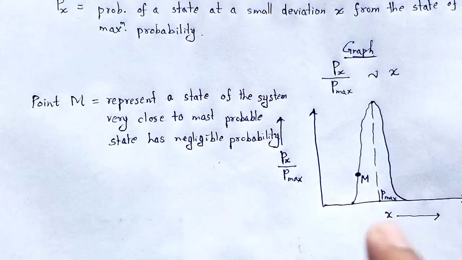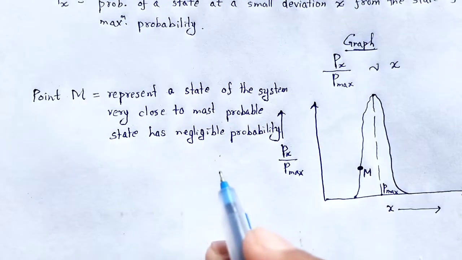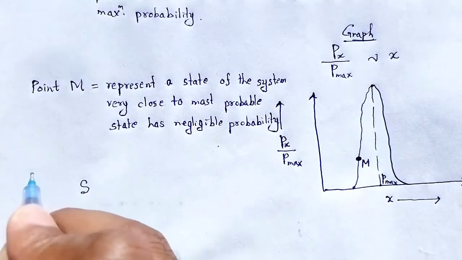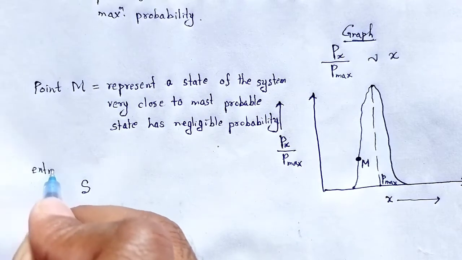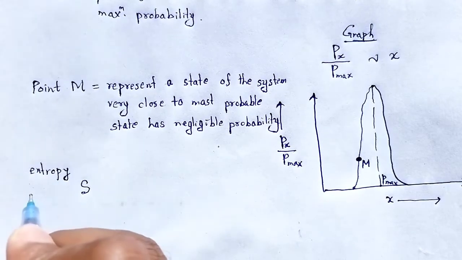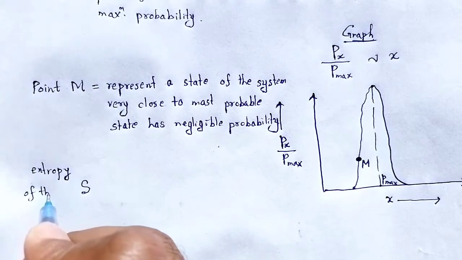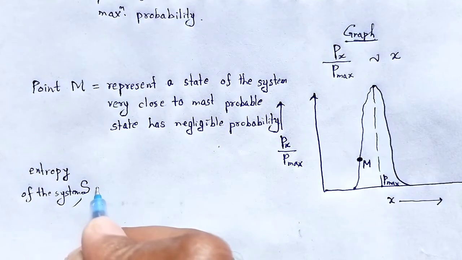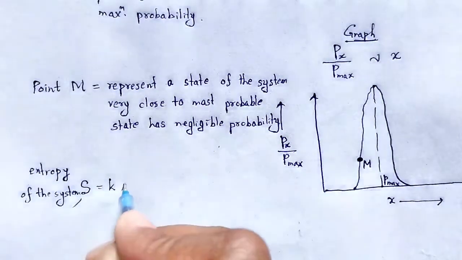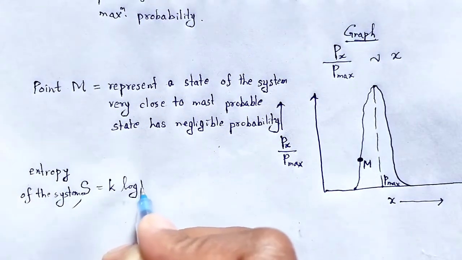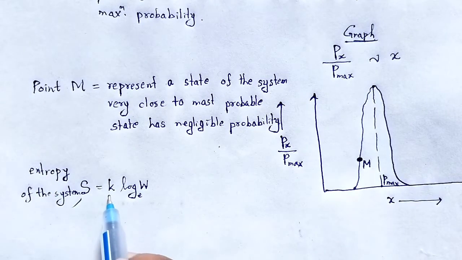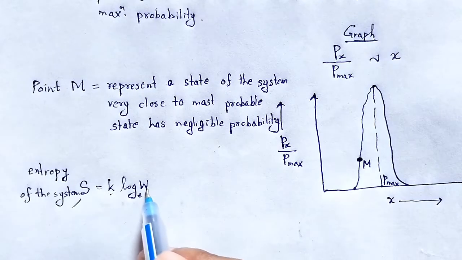Since S is the entropy of the system, S is given as k log W to the base e, where K is Boltzmann's constant and W is the thermodynamic probability.